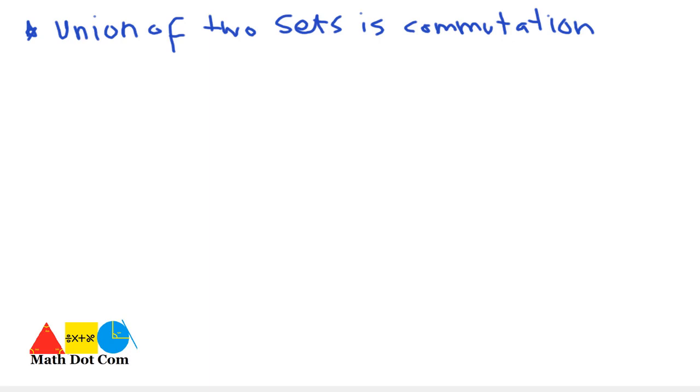What is commutative? Commutative means A union B equals B union A. It means the order doesn't matter. Whether you find the union by keeping A first and B second, or B first and A second, the answer will be the same.